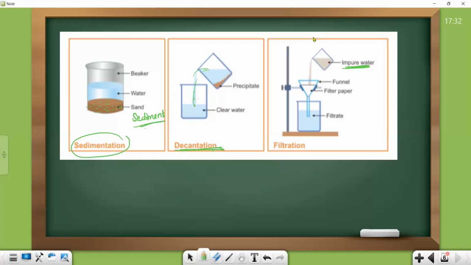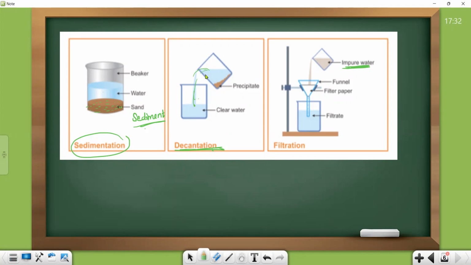Ma'am, like after decantation, can we drink that water? After filtration, yes, we can drink water. After decantation, no, because there may be small particles, and the water won't be of exact pure color.